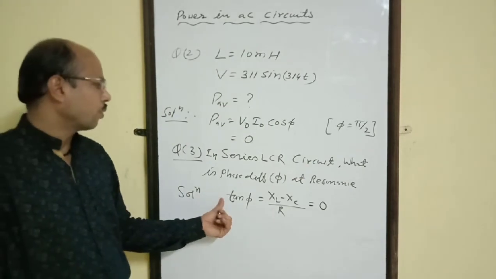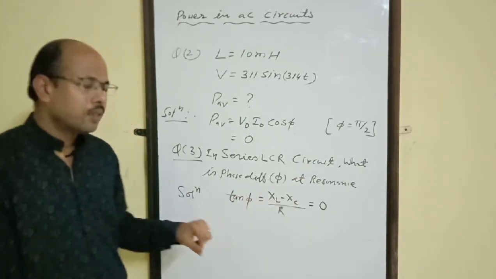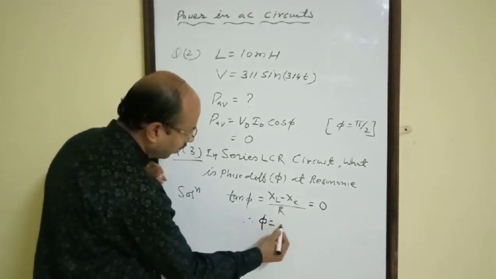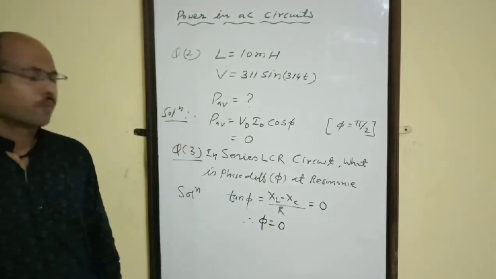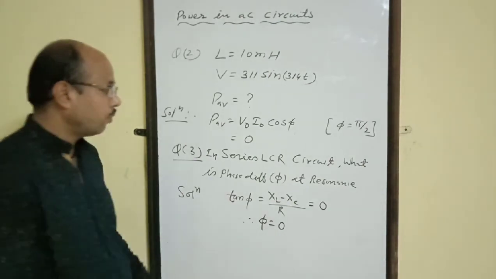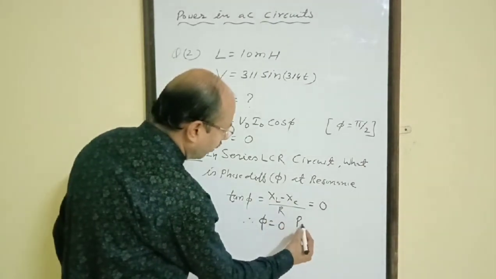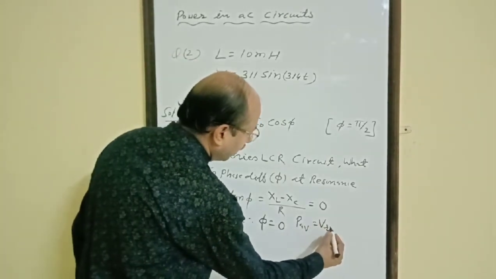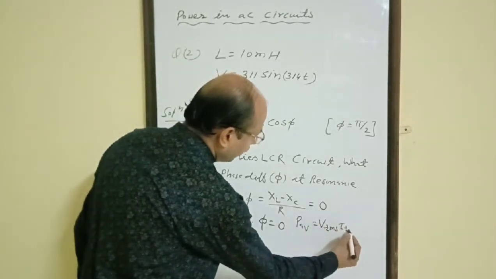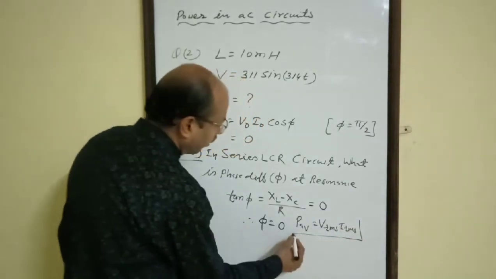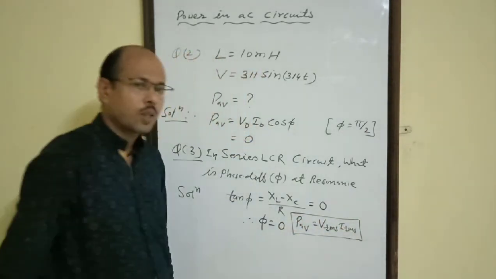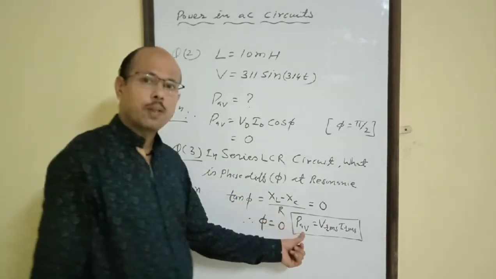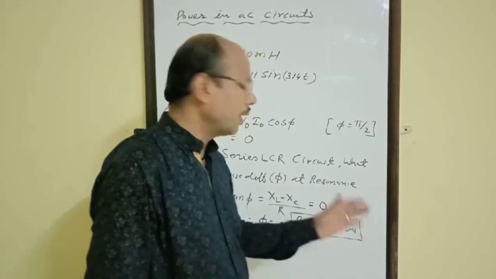Since tan phi is 0, the phase difference phi at resonance is also 0. And since phi is 0, the average power at resonance will be only Vrms Irms, and cos 0 becomes 1. It means at resonance, power consumed is given by P average equals Vrms Irms.